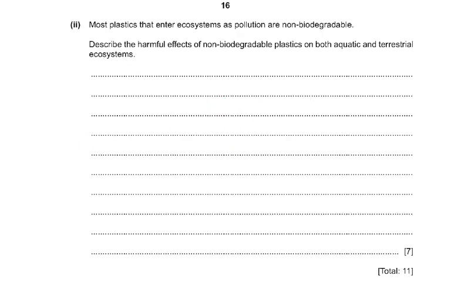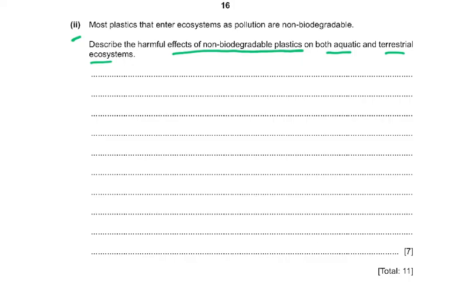Most plastics that enter ecosystems as pollution are non-biodegradable. Describe the harmful effects of non-biodegradable plastics on both aquatic and terrestrial ecosystems. They remain for a very long time, forever in the environment, and break up into more plastic, smaller particles. It can strangulate or trap or suffocate or injure the animals.